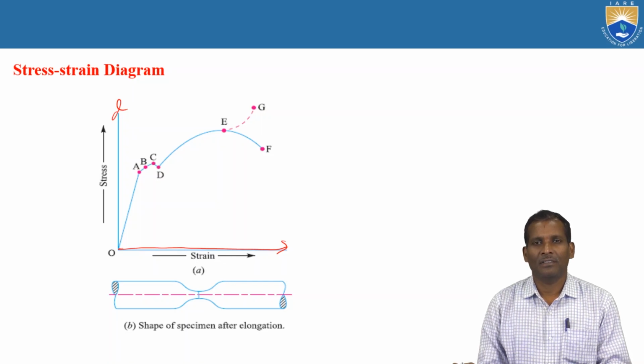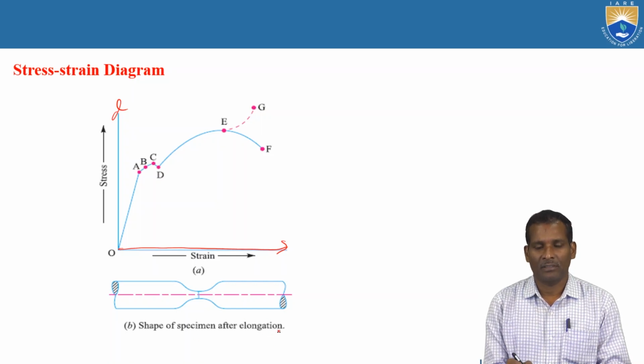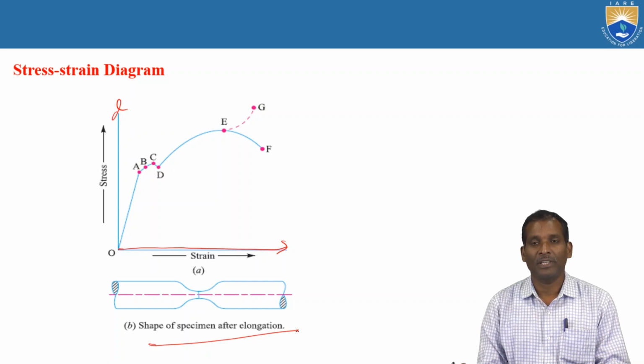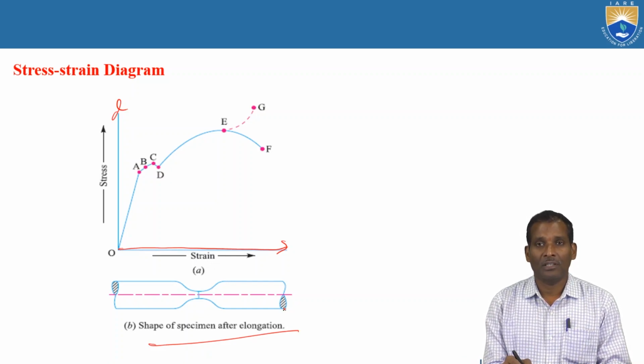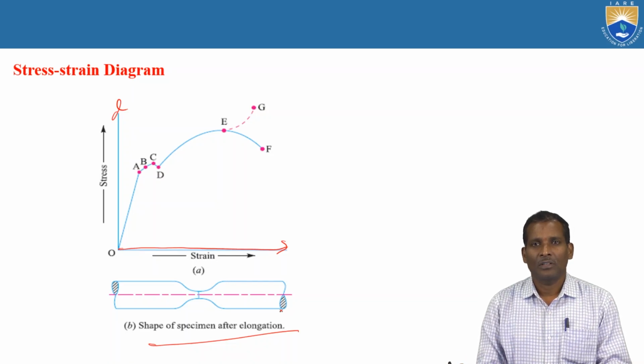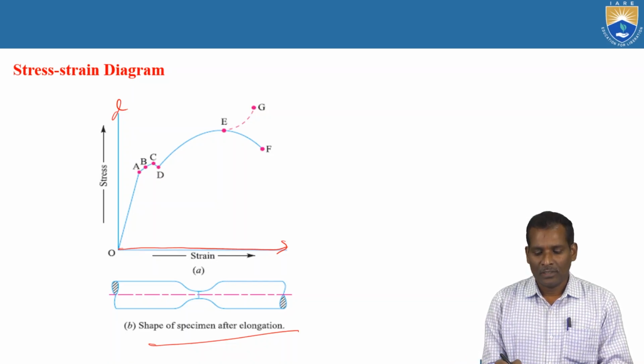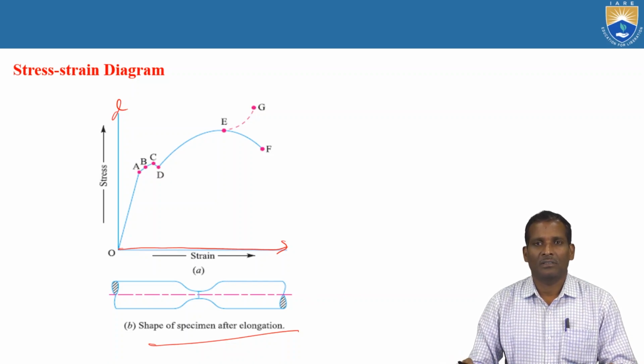A standard specimen is taken for design testing purposes. Here the specimen is shown, and also the shape of the specimen after elongation. Before elongation it is circular, just like a shaft.